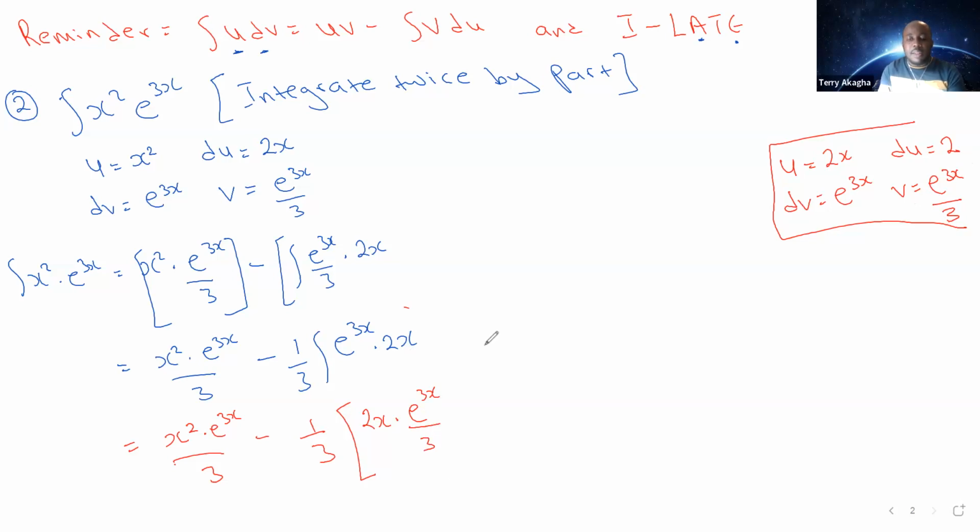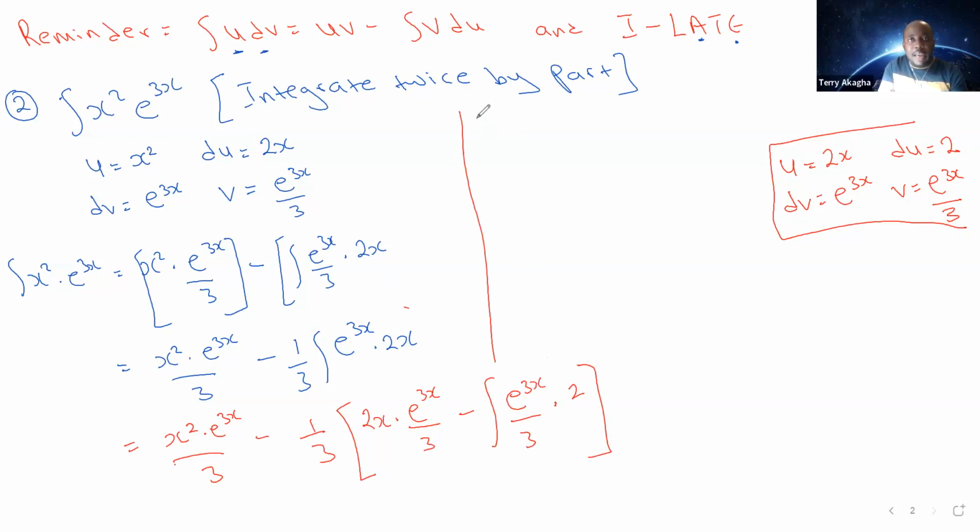Can you see? Then we've gotten this minus the integral of v. What's our v? Our v is exponential 3x over 3, and our du is equal to 2. Are you seeing it? Then we move to the next part.